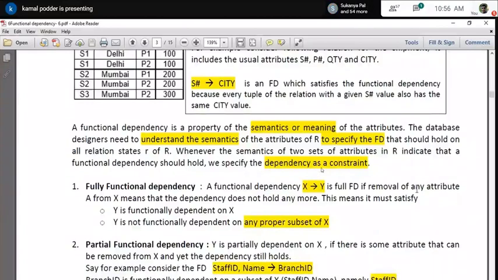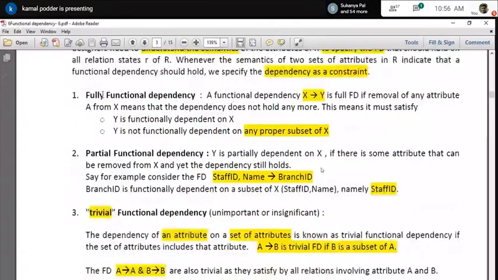There are different types of functional dependency. One is called fully functional dependency. That means Y is fully functionally dependent on X if Y is functionally dependent on X but not on any proper subset of X. Suppose X contains 3 attributes.